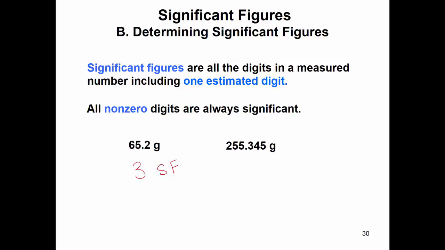If we look at the next one, the 2, the 5, the 5, the 3, the 4, and the 5, they're all non-zero numbers, so we have 6 sig figs. Then we have a unit afterwards because all of our numbers need to have some type of unit. So we have, like I said, 3 and 6.